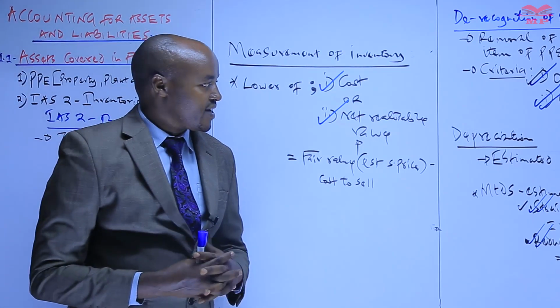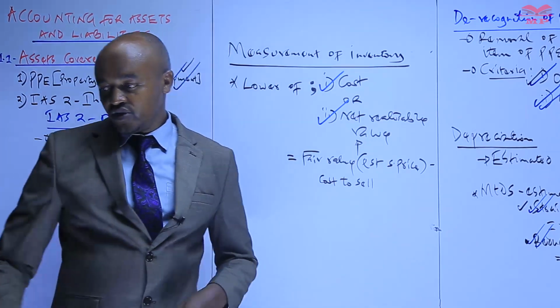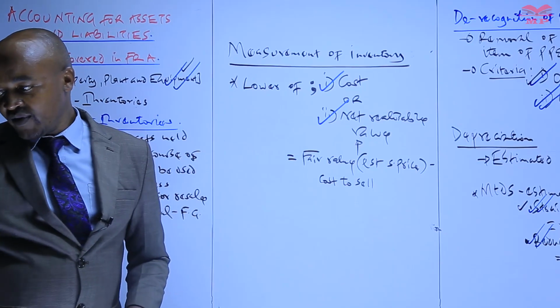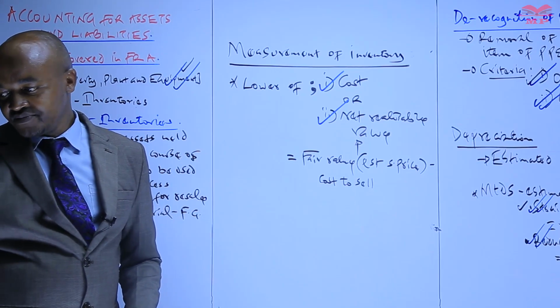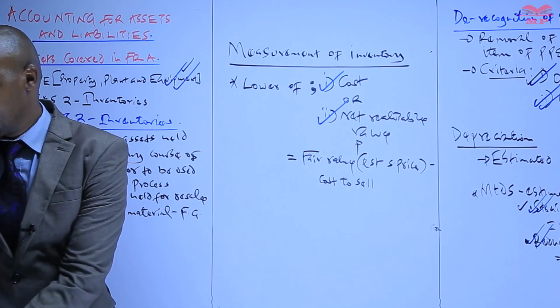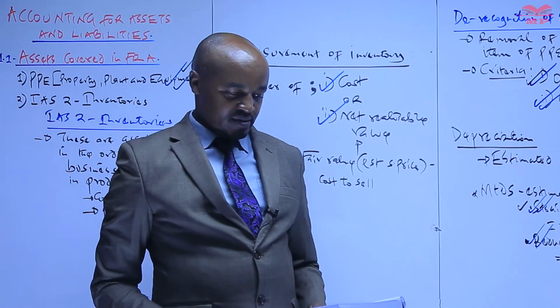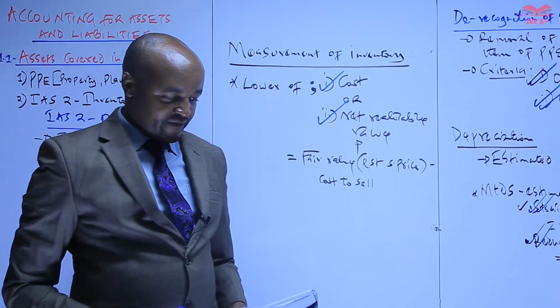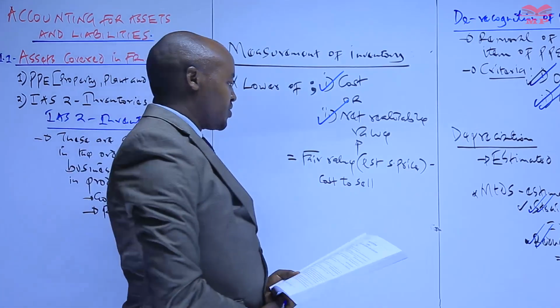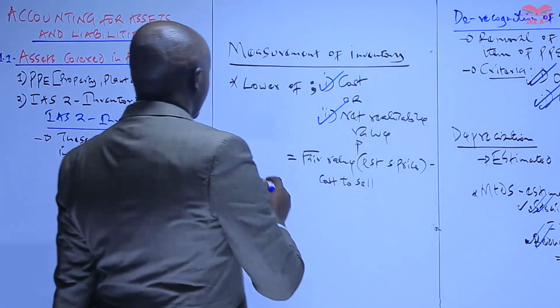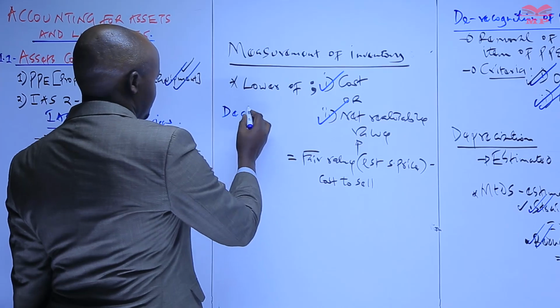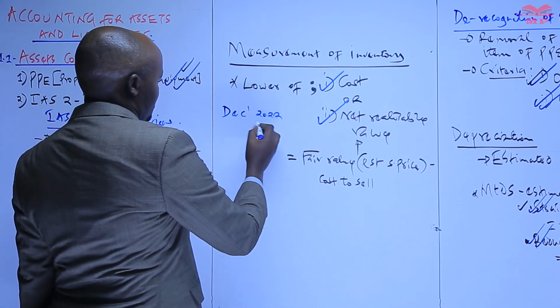So I think as far as the inventory is concerned, that's what you need to know. And also as far as the PPE is concerned, that's what you need to know. So I want to give some assignment here, from the past papers. We have the first question, which was tested in the sitting of December 2022.